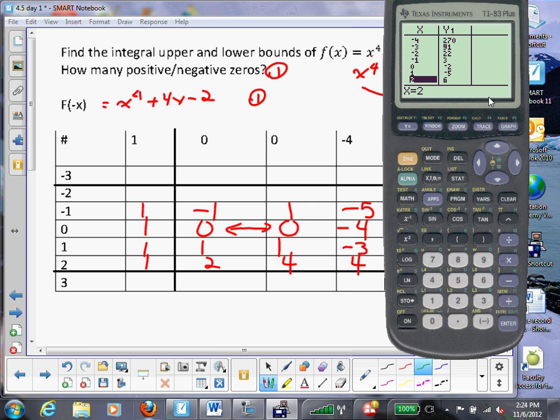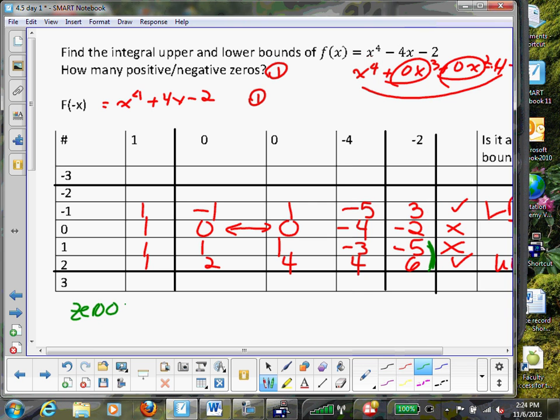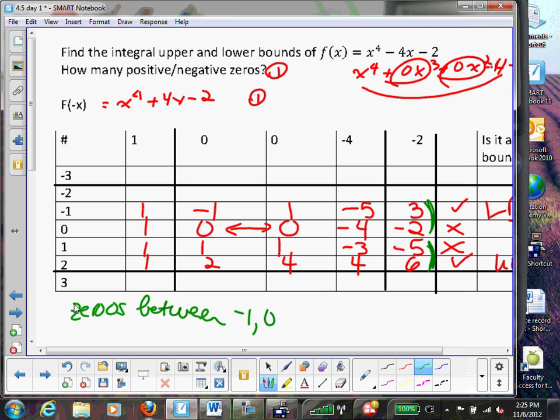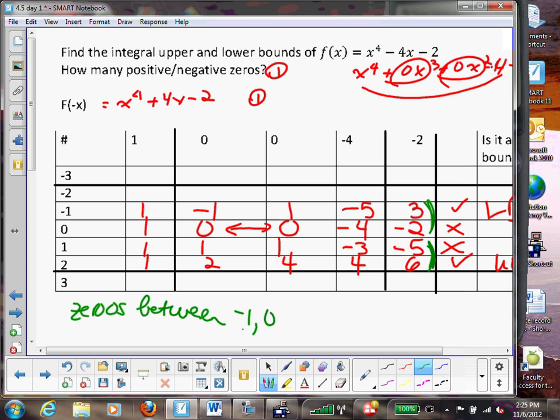We'll find our zeros between negative 1 and 0, and there we're showing that here. We're showing between negative 1 and 0. We're going from a positive value to a negative value, right? And we're showing a change also in signs between 1 and 2.